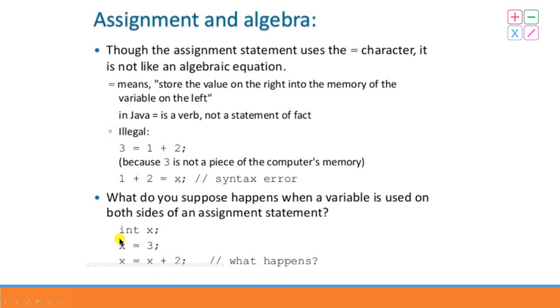And right here, if you have X equals X plus 2, that really means you get the value of X, the right-hand side value, plus 2. For example, right here it is 3. So 3 plus 2, we assign the value to X. So initially this X is 3, and then after this assignment, X becomes 5.